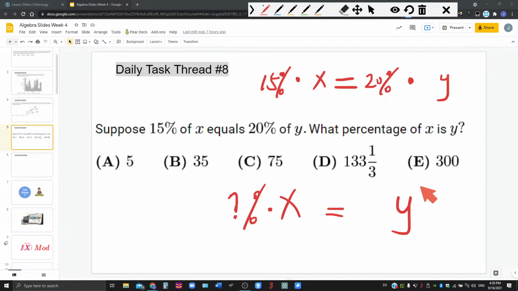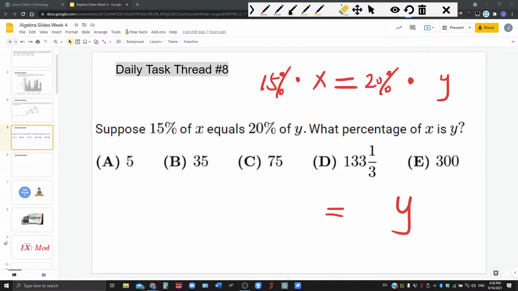In this case, we are treating the y as the primary variable, okay? We are looking for an answer that's in the form of x multiplied by a percentage. So we want the y.